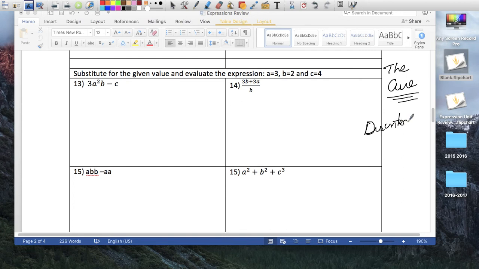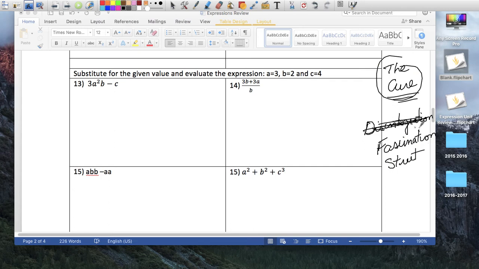Disintegration. No. Sorry, that's not what I'm saying. Fascination. There you go. That's the name of the song. Fascination Street. It's been a while. Okay, that's the name of the song.